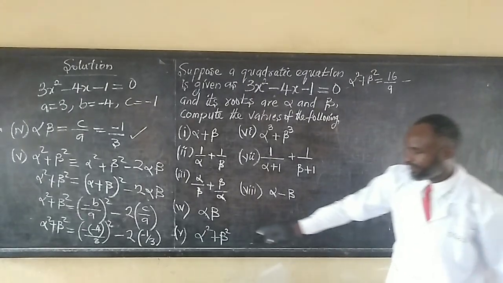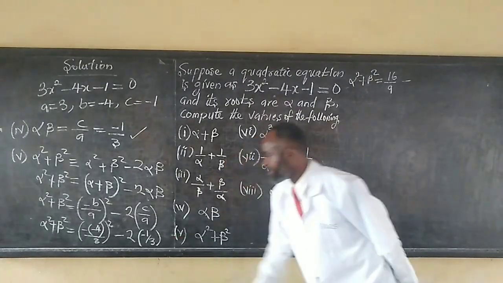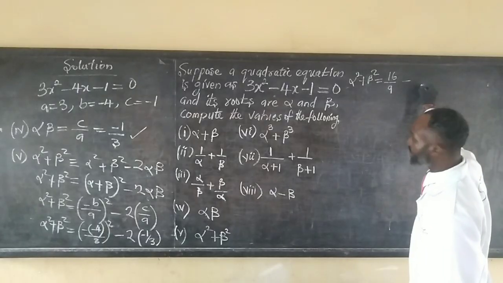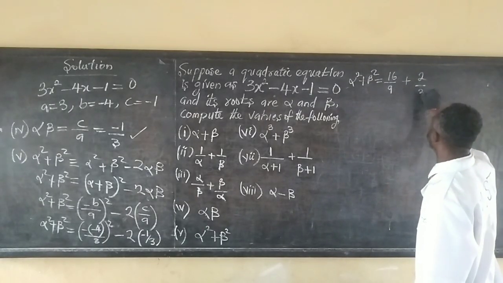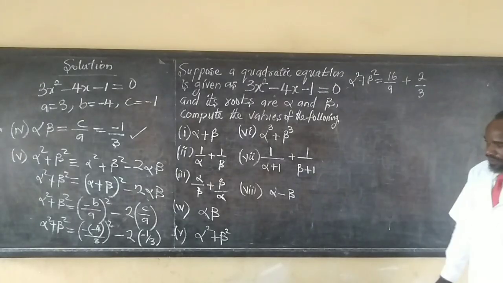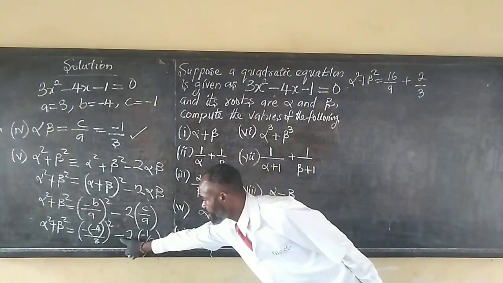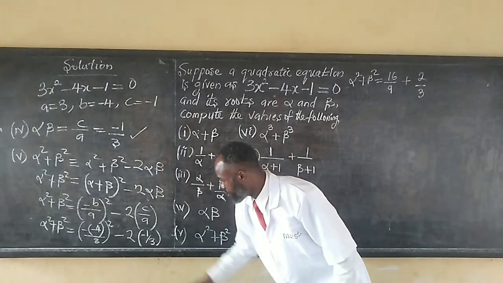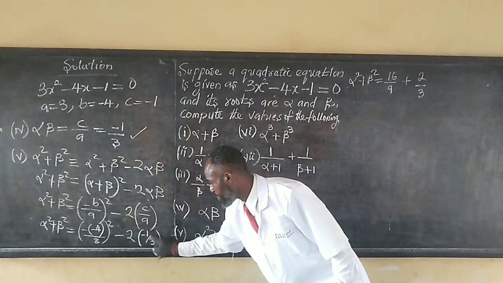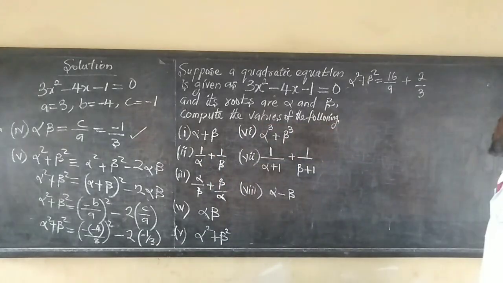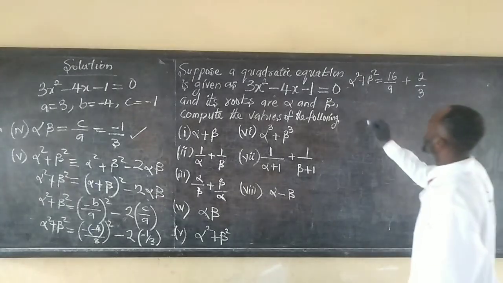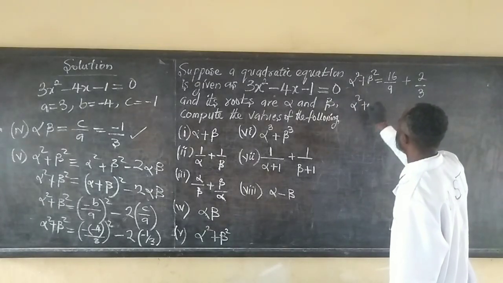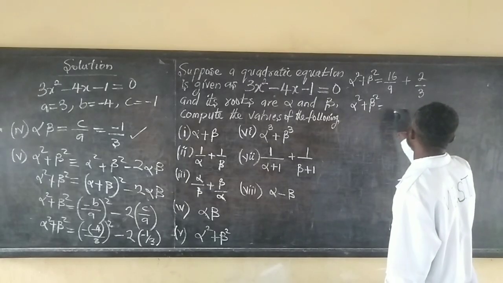Minus, let's look at this. This is 2 times, which is going to be turned into 2, all over 3. Good. Minus times minus changes to plus, 2 times 1 over 3. I hope that's correct. Okay, so we can move further. We have alpha squared plus beta squared.